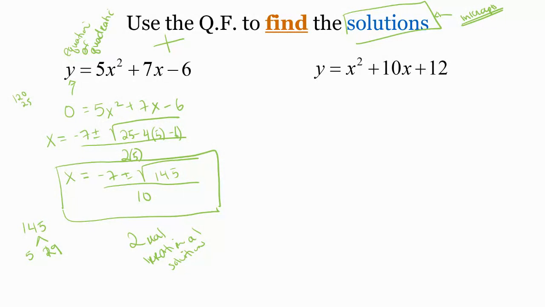Let's try another one. Same idea, right? My first thing is I should be plugging in 0 for y. Even if you can do something else, even if you're like, oh, I know how to factor this, or I'm going to do completing the square, I'm asking you to do the quadratic formula. That's what you're being asked to do.